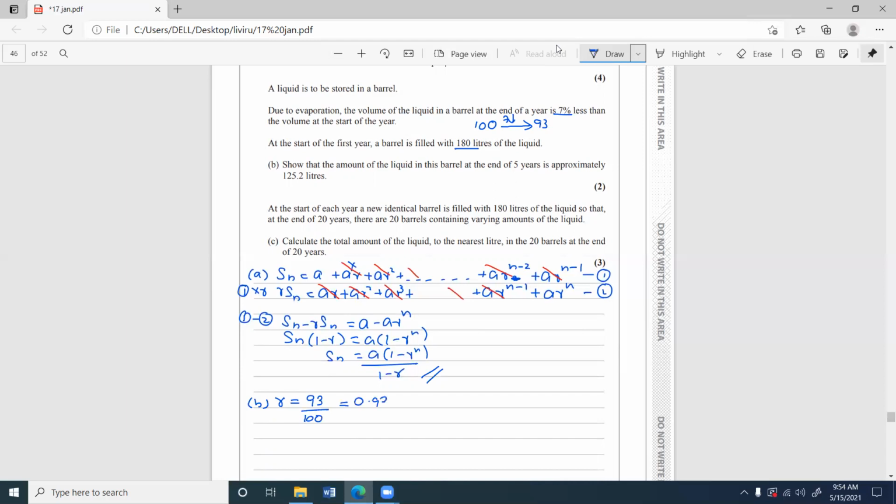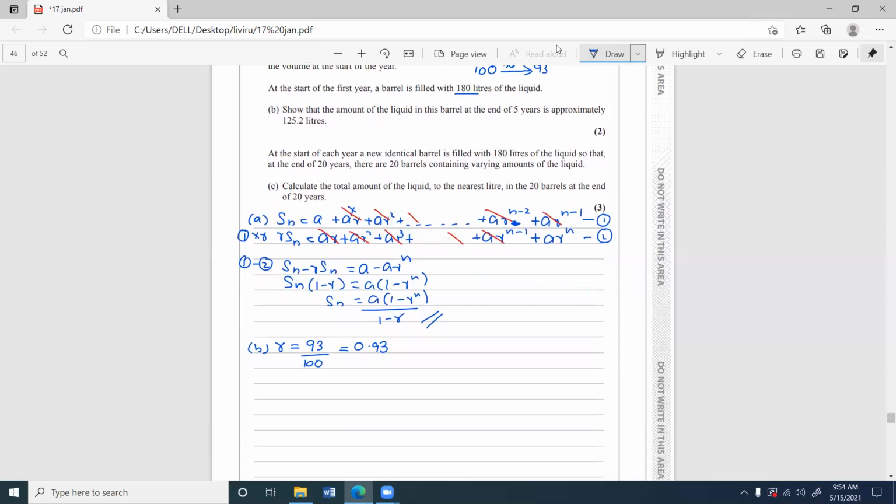Now they want to find the amount of liquid in the barrel at the end of 5 years. The end of 5 years means which term is this? At the beginning, 1; then the end of the first year, second year, third year, fourth year, and fifth year.